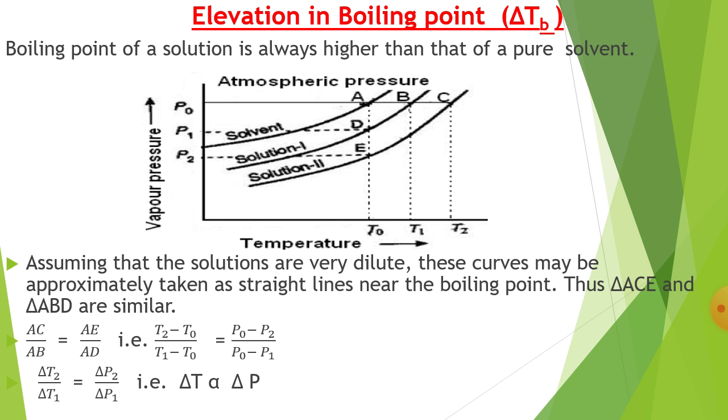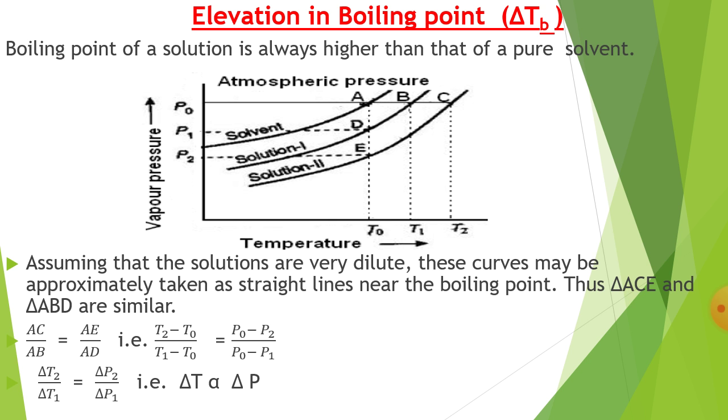Look at the graph. Here 3 lines are drawn, one at P0, second P1, P2, similarly T0, T1 and T2. This graph is drawn between vapor pressure and temperature. Now assuming that solutions are very dilute, these curves may be approximately taken as straight lines near the boiling point. Thus triangle ACE and triangle ABD are similar.